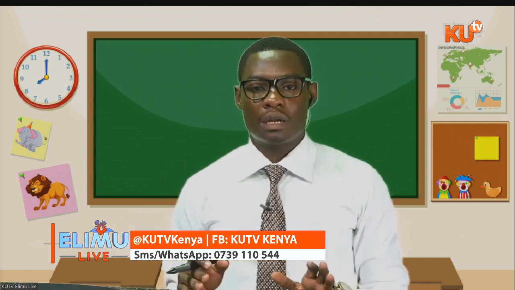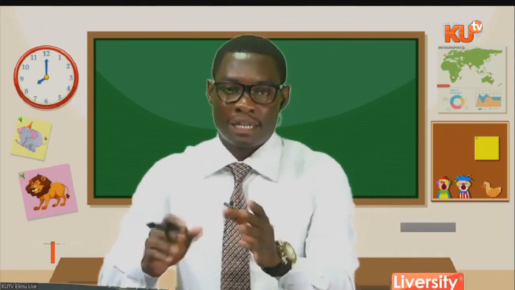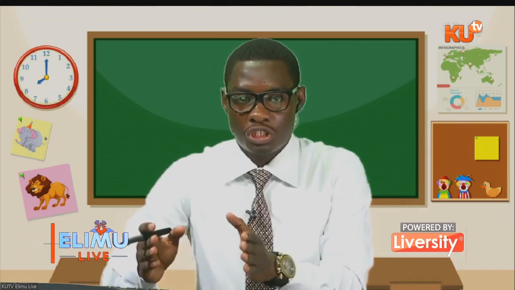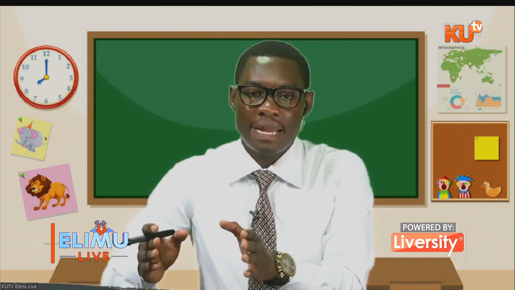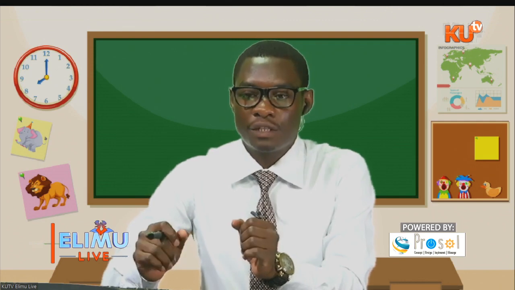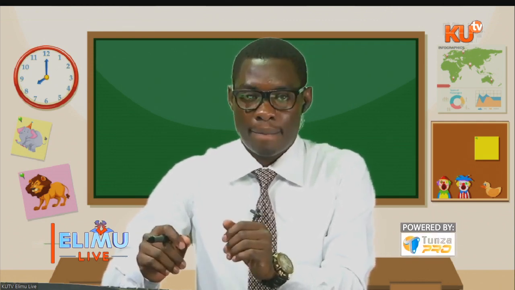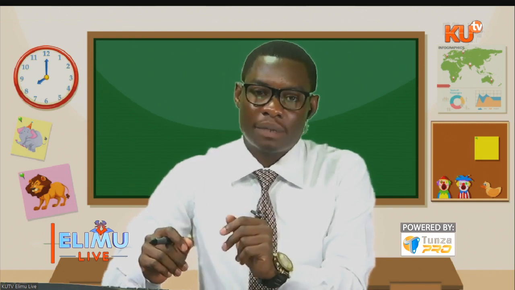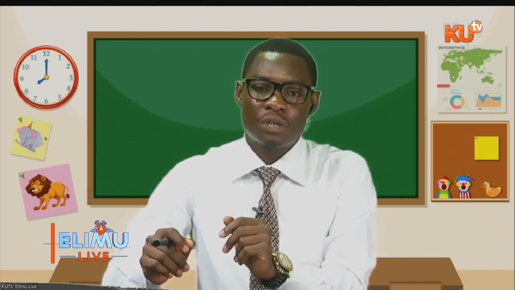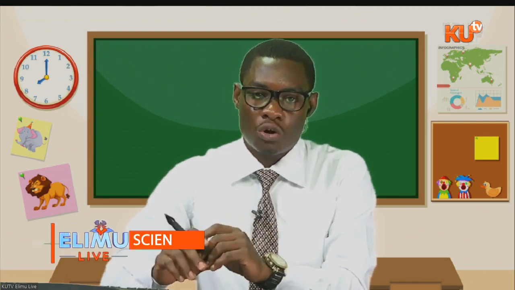A windsock measures two aspects of wind, but there is the main aspect. A windsock mainly measures strength of wind, but apart from that, it can also be used to measure direction of wind. So it measures the strength and direction of the wind.